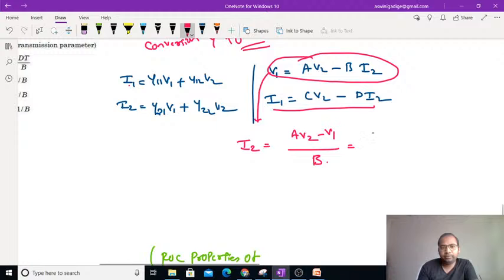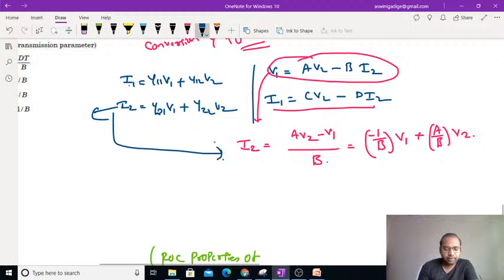That is equal to minus 1 by B into V1 plus A by B into V2. Now what you have to do is compare this equation with this one.